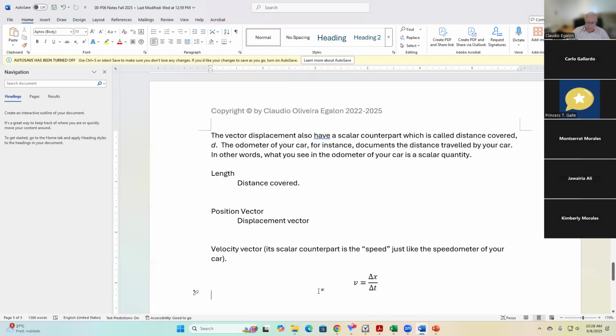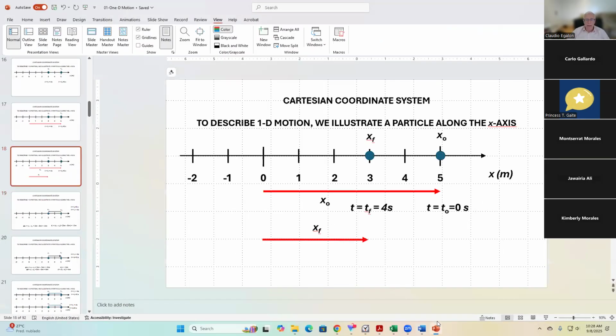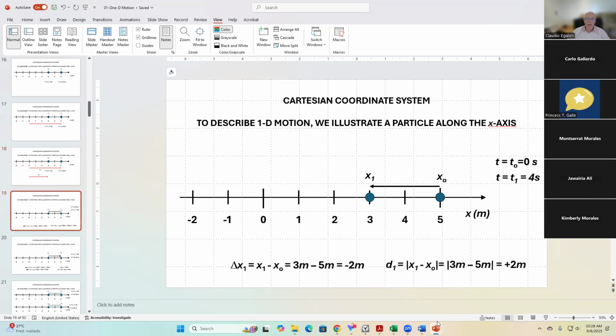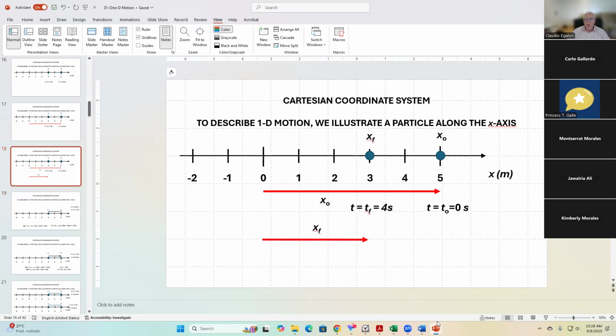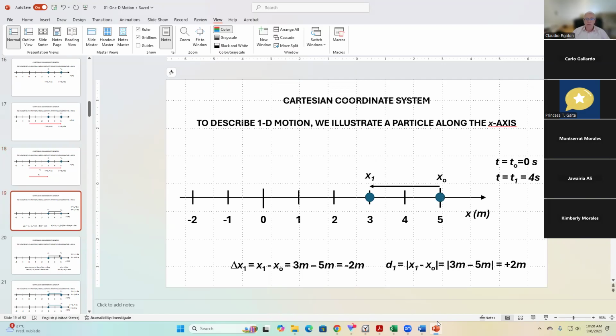So now we have that example that we saw before. It took 4 seconds for the particle to move from 5 meters to 3 meters.